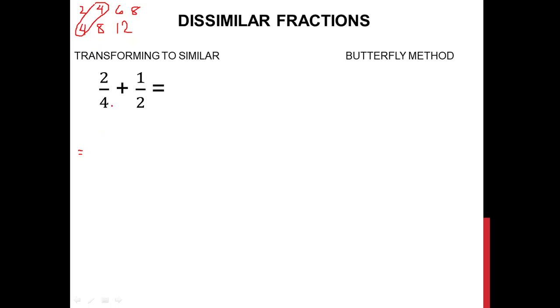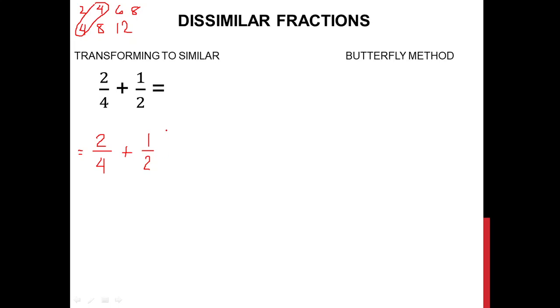Okay, so we need to make the denominator of each fraction 4. Now, here our first fraction already has the denominator of 4, so all we need to do is make our second fraction's denominator equal to 4. So how do we do that? We need to multiply a number in such a way that this becomes 4.